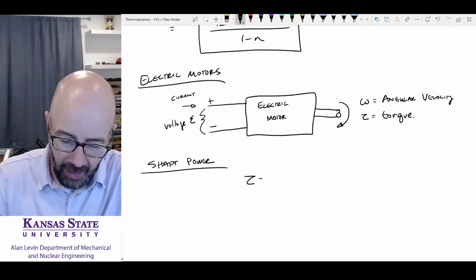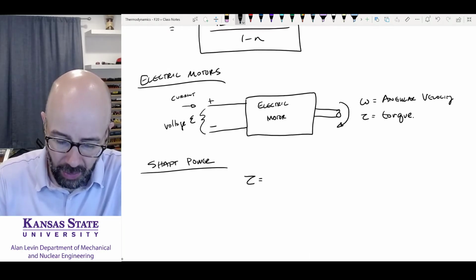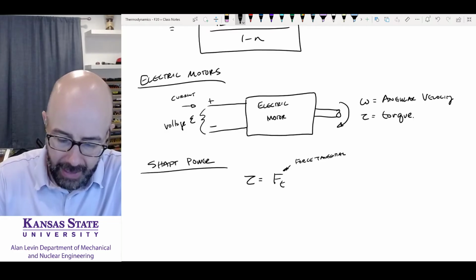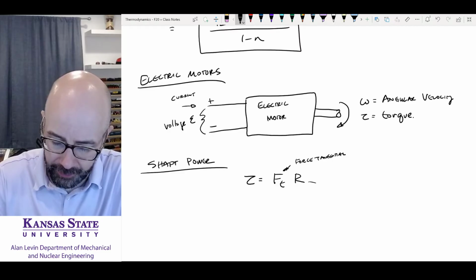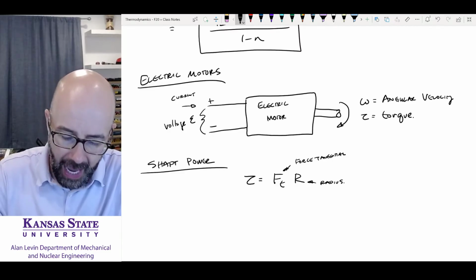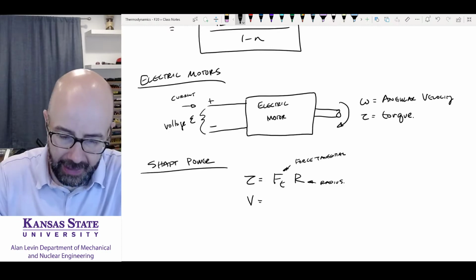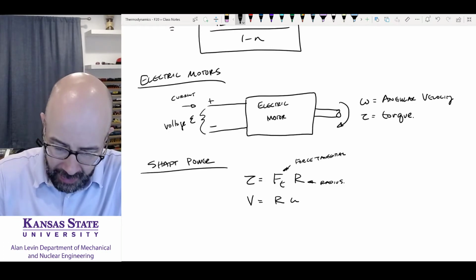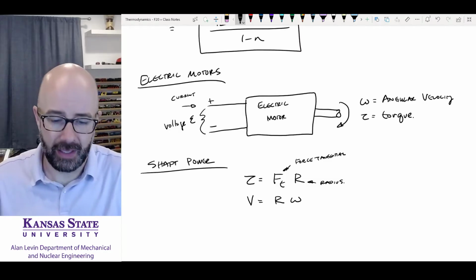Tau, or torque, is equal to the tangential force times the radius, r. And velocity is equal to the radius times the angular velocity that we talked about before.